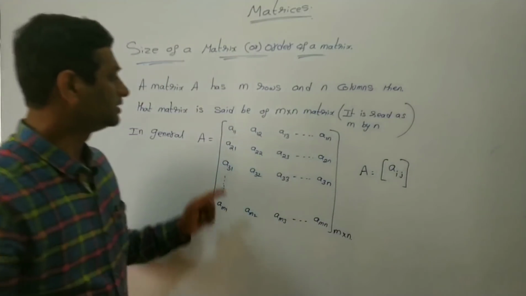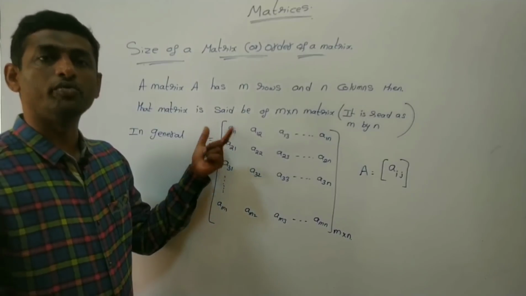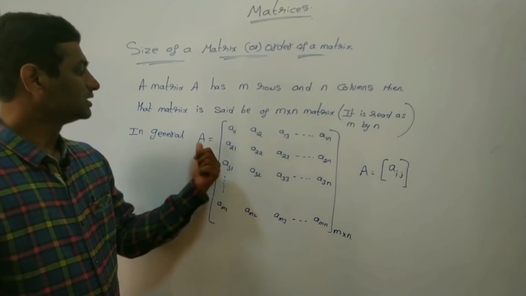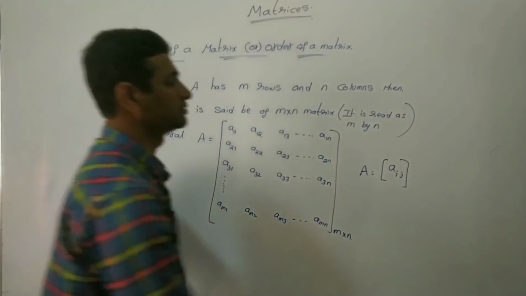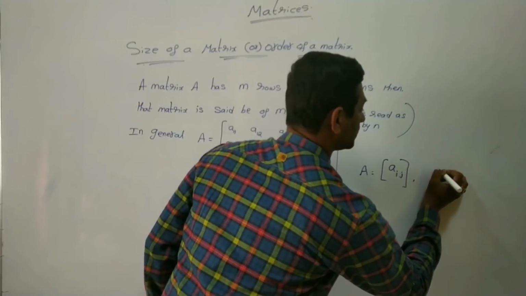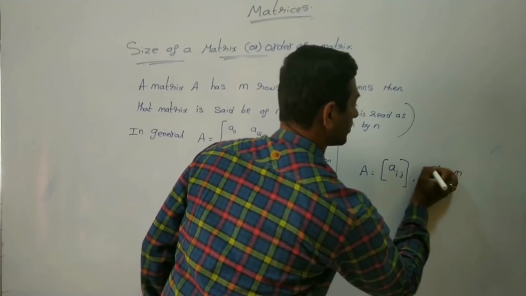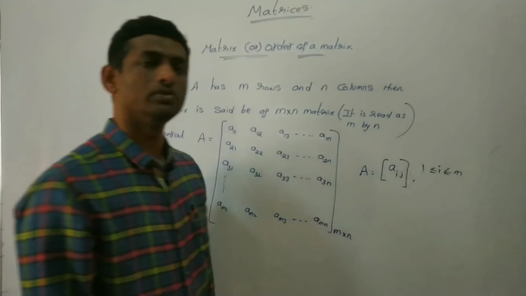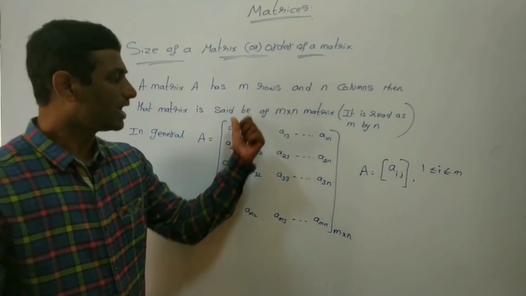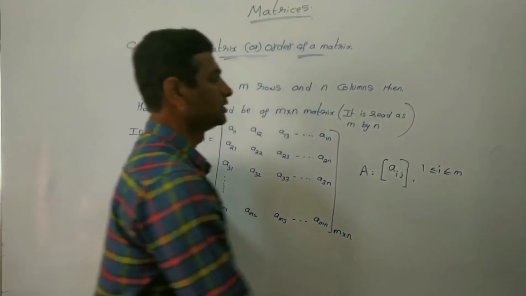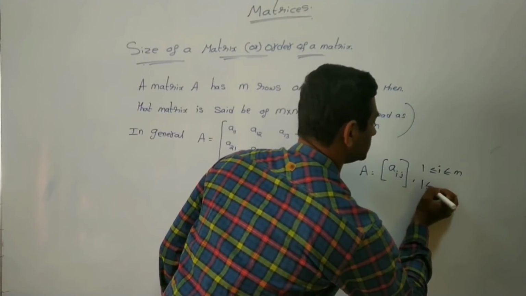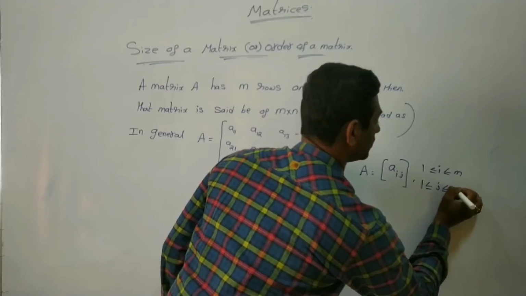Here i indicates the row. So how many rows do we have? First, second, third, and so on. Means i varies from 1 to m, and we have n columns, so j varies from 1 to n.